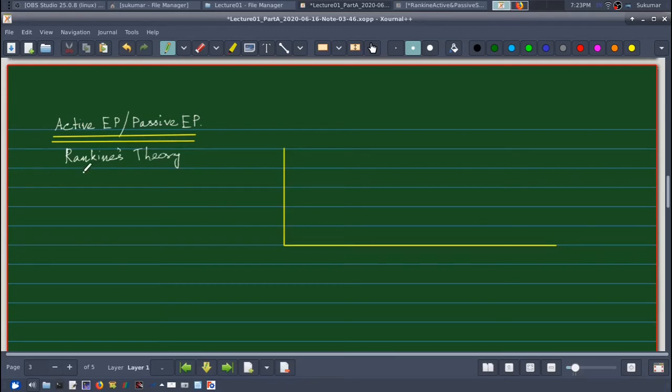Now let us see what are the Rankine's theory assumptions. As usual, he assumed the soil to be homogeneous and isotropic.